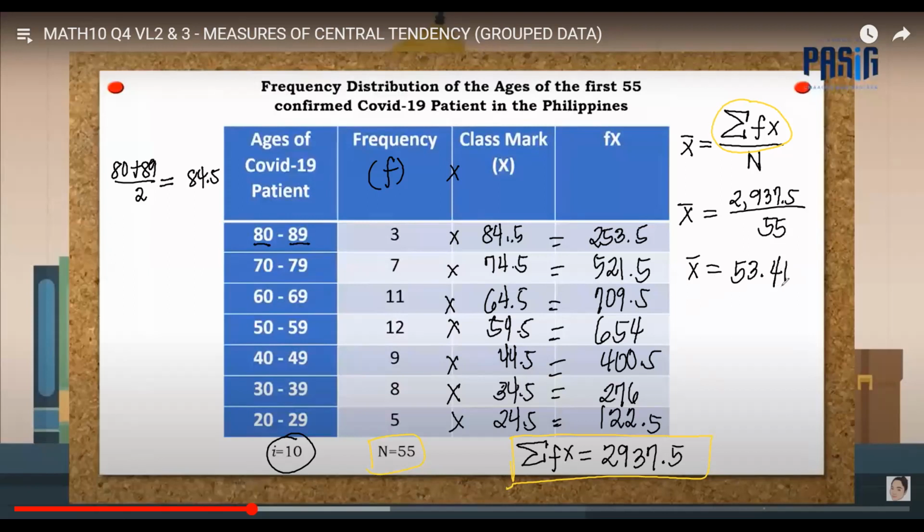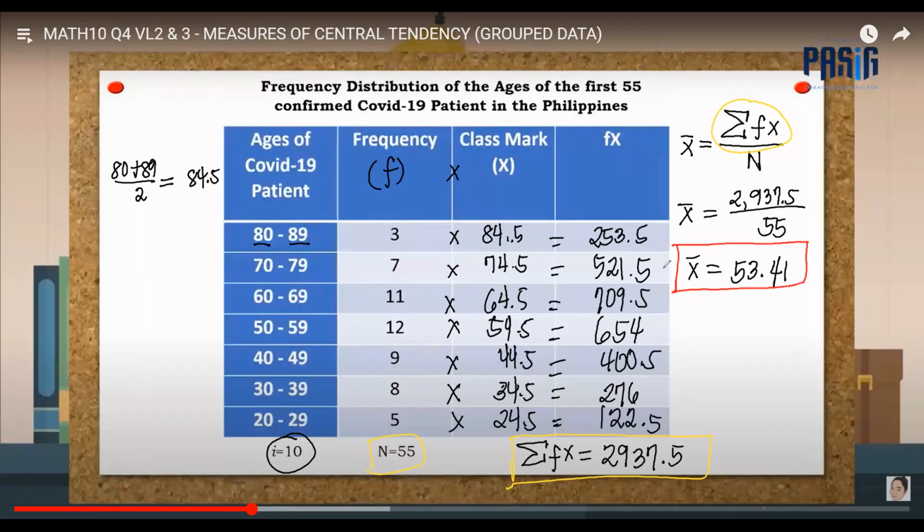May kasunod pa ba tong 1? 2,937.5 divided by 55. Okay, tama. So that's 53.4090. So pag ni-round off natin to the nearest hundredths, that is 53.41. So this is our answer.